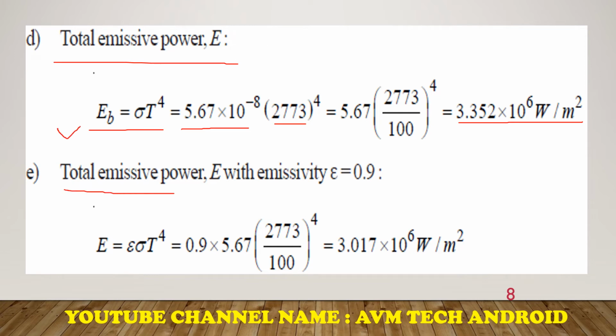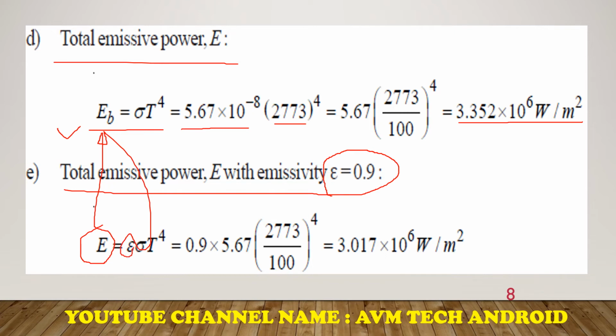And last answer, now we have to consider it as a real surface with emissivity 0.9. So we have to find out what is E. So in this equation we have to add the epsilon part. So what we will get, epsilon, that is 0.9 into 5.67 into 10 power minus 8, and this T temperature is 2773 power 4.